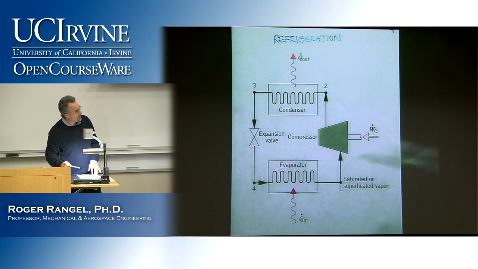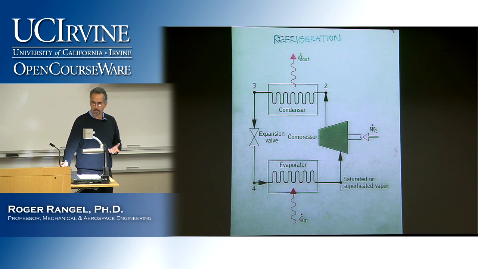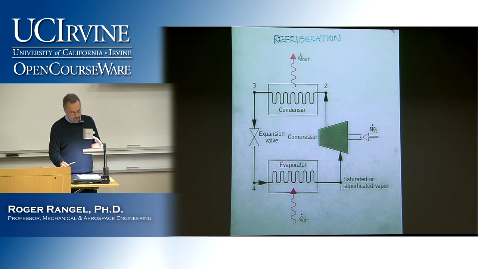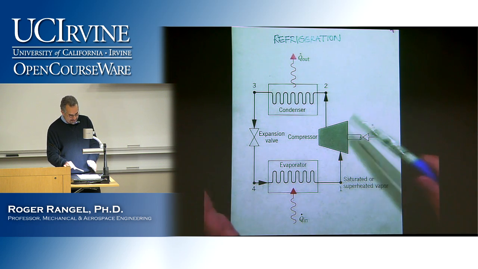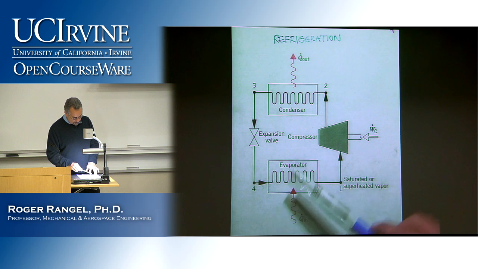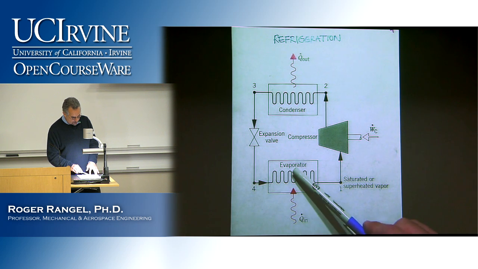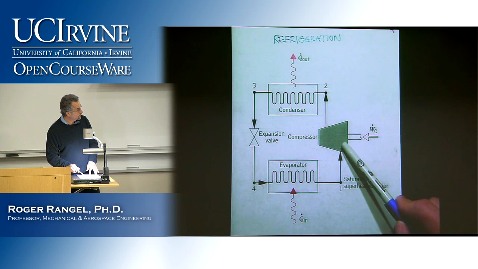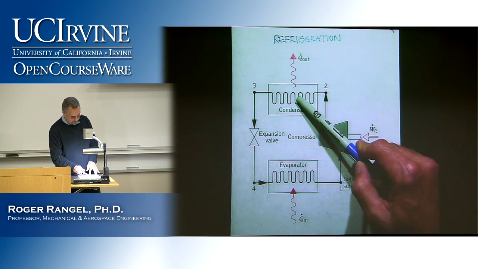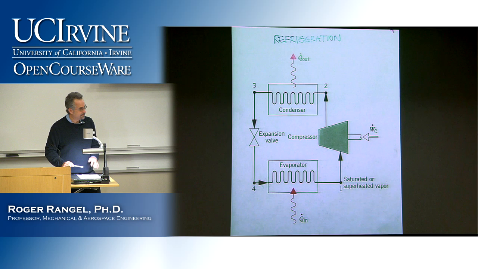And it also has 4 components or 4 devices that are important. And there are, of course, variations over this basic schematic. The 4 components, you can see them here: an evaporator, a compressor, a condenser, and an expansion valve.